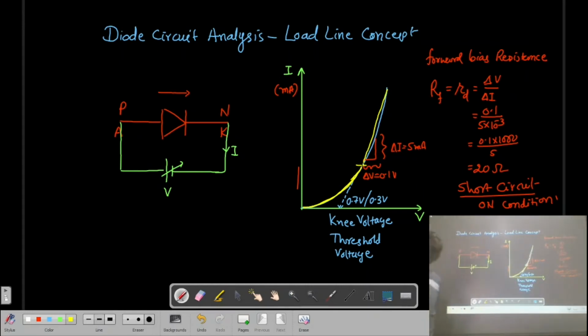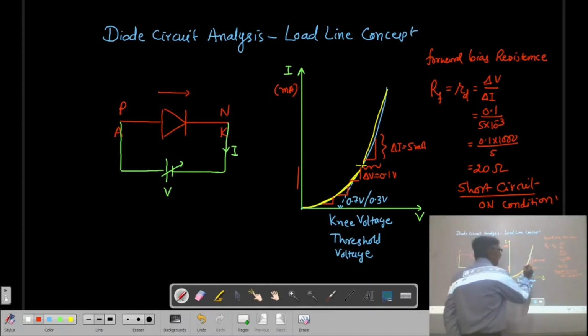So basically the PN junction has non-linear characteristics, and due to this, if I calculate the resistance at this point, or here, or here, the resistance will be different. Here we have a linear part, so in this case the resistance is 20 ohm.